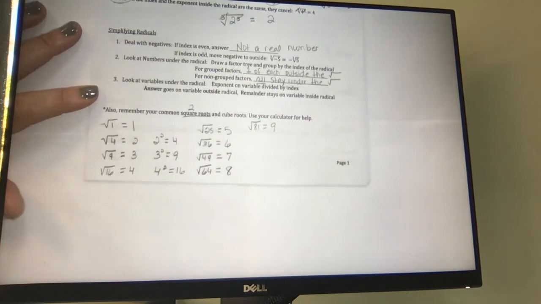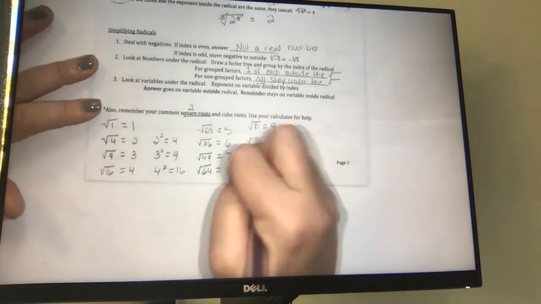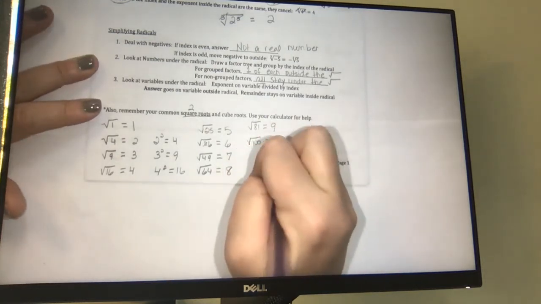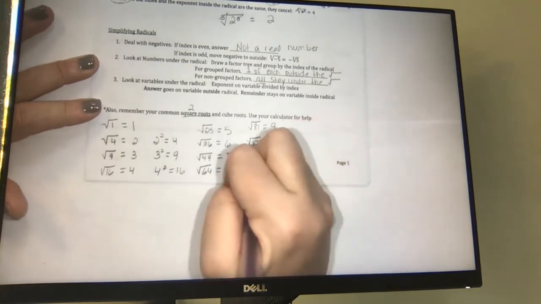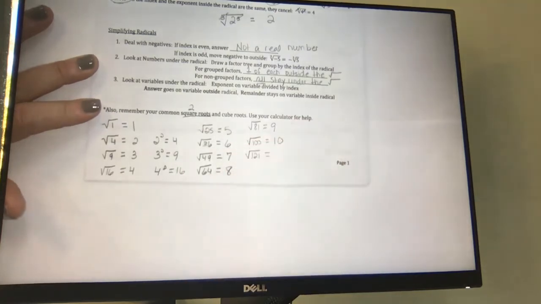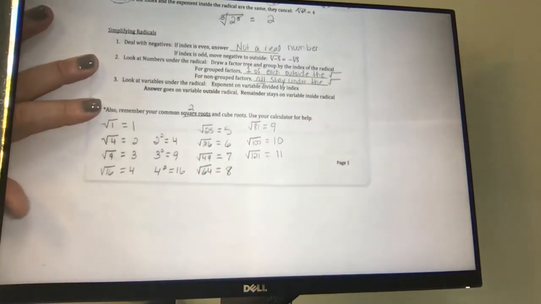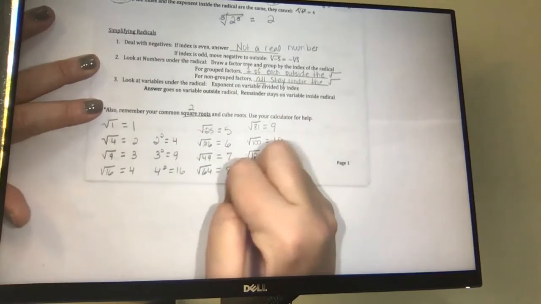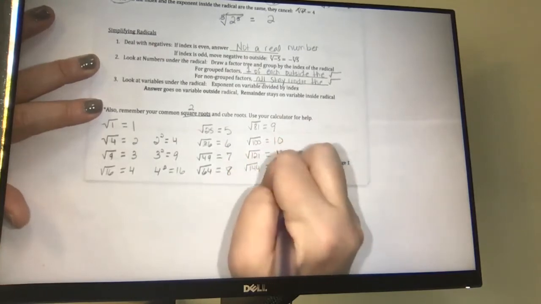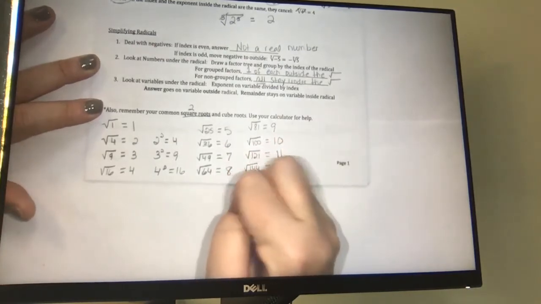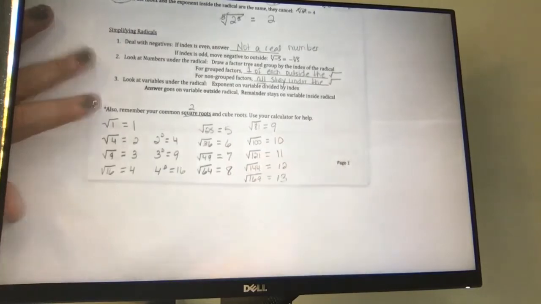Okay, and now there's really 4 more that will make your life easier if you just remember these 4 more. So square root of 100 is 10. Okay, what about 121? 11, good. So that's one that will really help you if you can remember that. 144, 12, and then good old 169, which is 13.